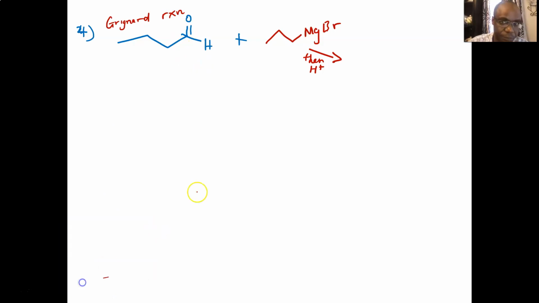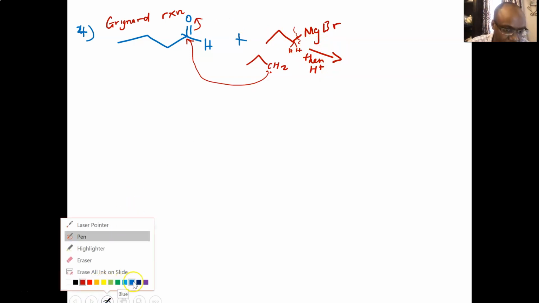So I told you, if you're given a Grignard, forget about the metal part. You have 3 carbons. The last carbon, which happens to have 2 hydrogens, will be taken to be a nucleophile. You use that to attack the carbonyl and this opens up. Okay, so I'm just giving you a draft of the mechanism.